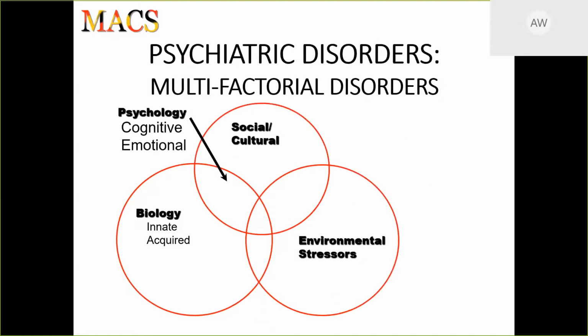Similarly, with psychiatric disorders, we don't have things that are inherited the way you inherit eye color, in a simple way. Like substance use disorders, you inherit some of a biological predisposition, but there are very strong social and cultural influences, as well as other kinds of environmental stressors.